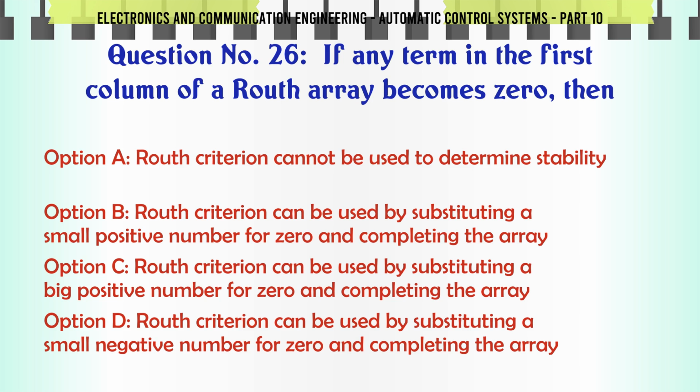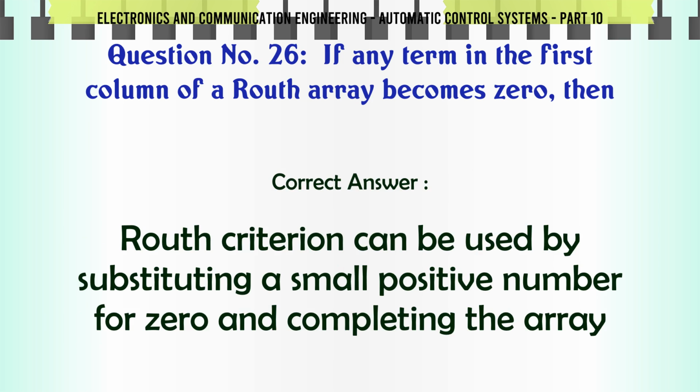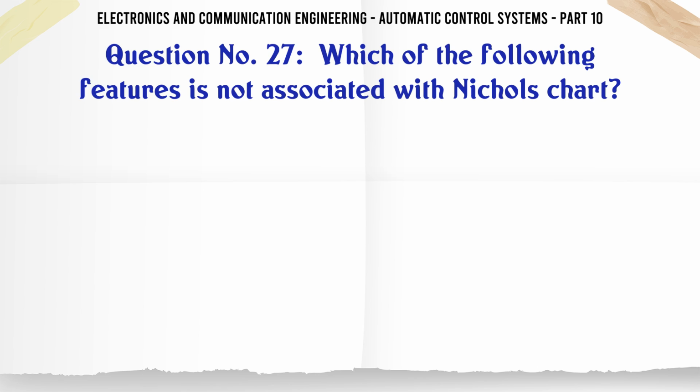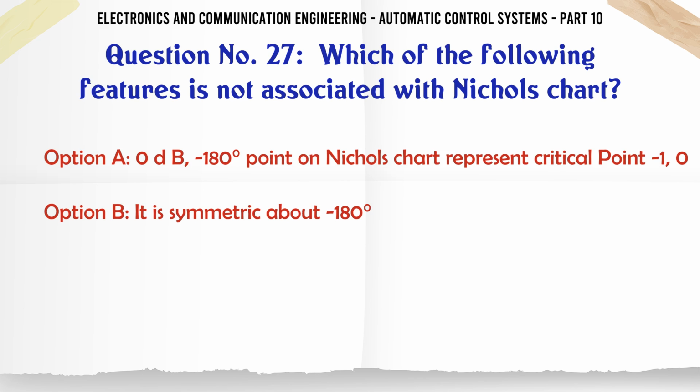D, by substituting a small negative number. The correct answer is B: substituting a small positive number for 0 and completing the array.